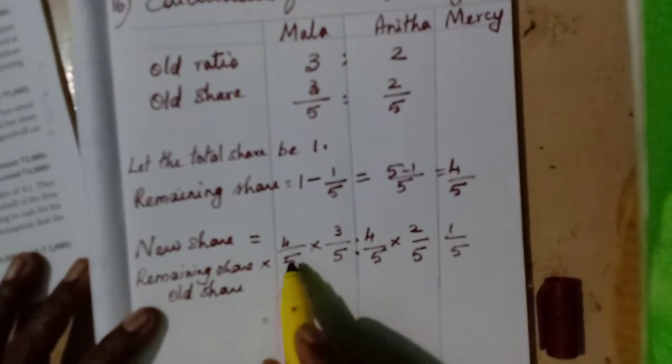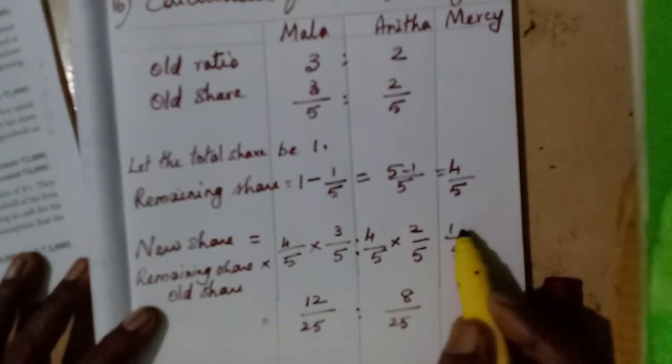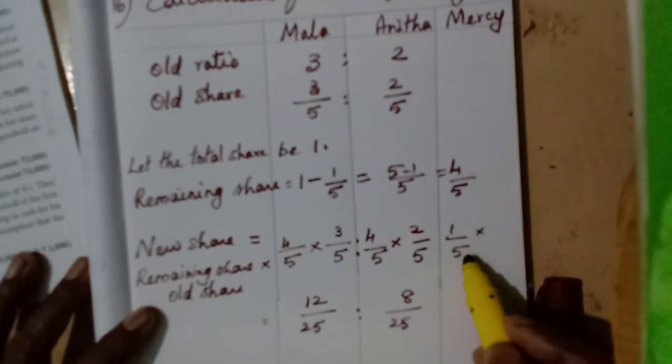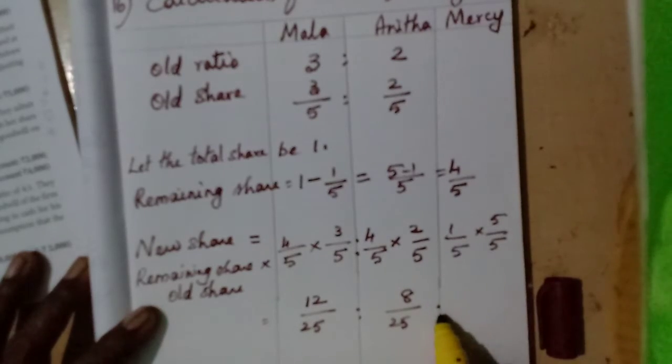Now 4 into 3, 12/25 is to 8/25. Now we need to multiply here, 1/5 into 5/5, 5/25. So new ratio 12:8:5.